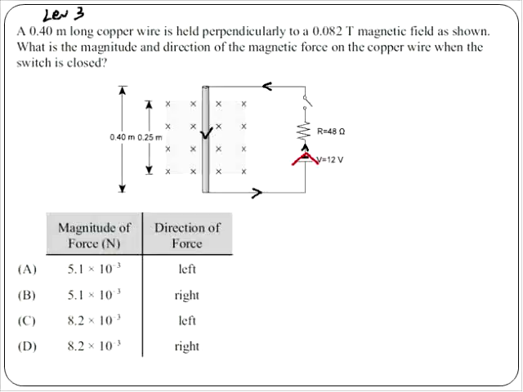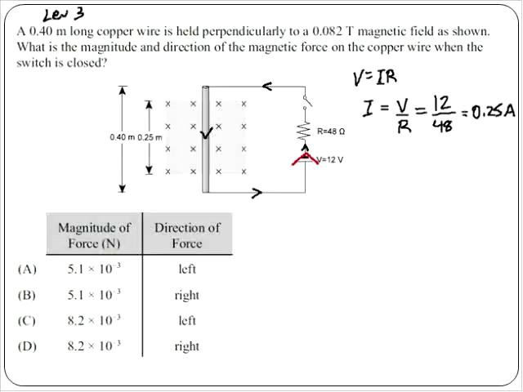Anyhow, if you want to find the force on a current carrying conductor, first you need to know what the current is. So we use Ohm's law for that. Remember, V equals IR. So I equals V over R. So 12 volts divided by 48 ohms equals 0.25 amps.